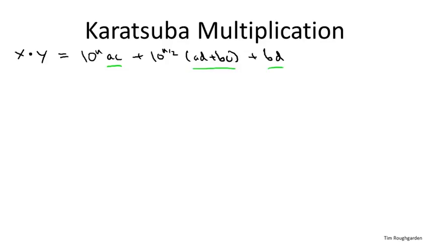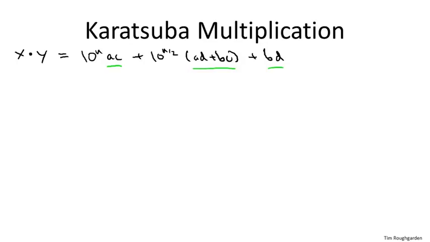that it seems there are four products, but fundamentally in this expression, there's really only three quantities that we care about. There's the AC, the coefficient of this first term, there's AD plus BC, the coefficient of this middle term, and there's BD. So we care about AD and BC as quantities individually only insofar as we care about their sum. We really don't care about them individually.